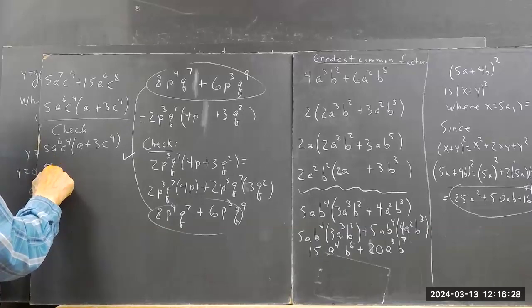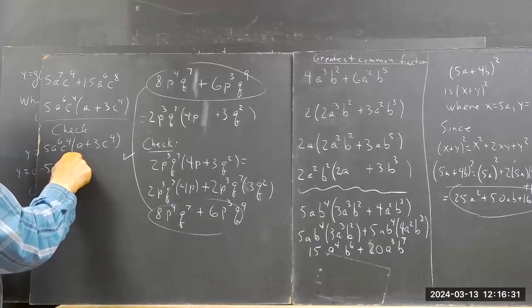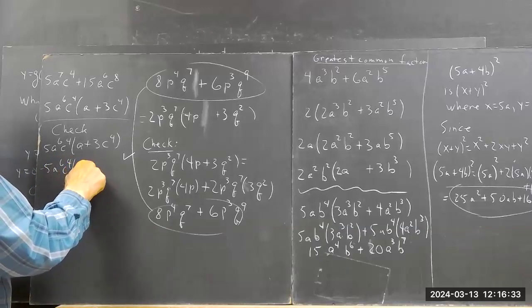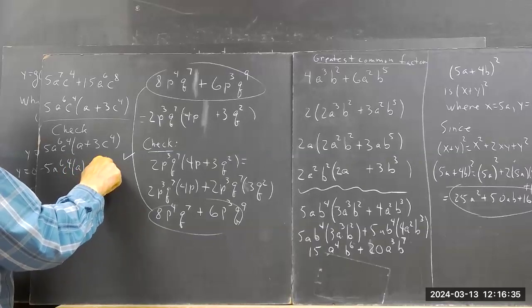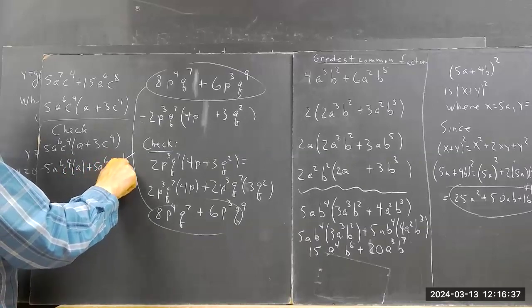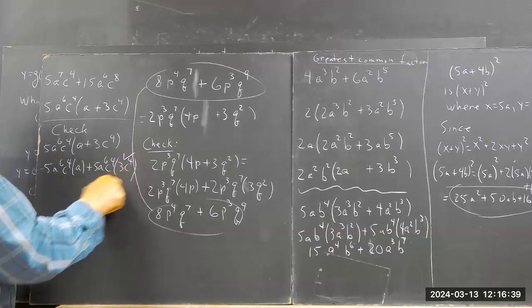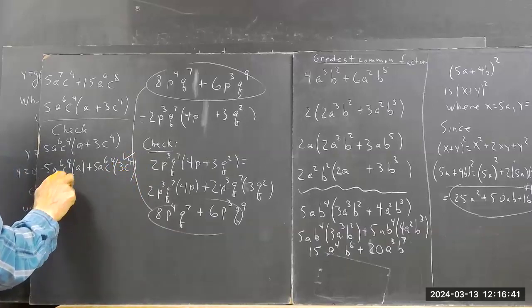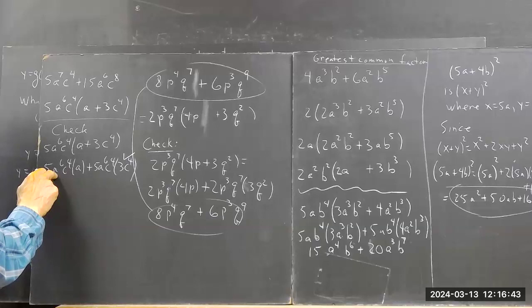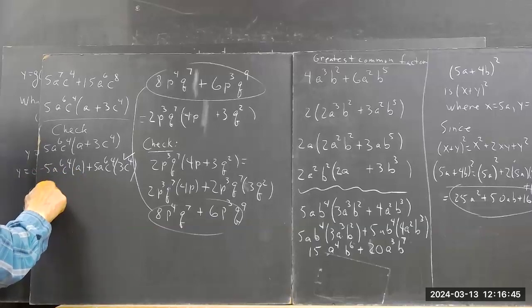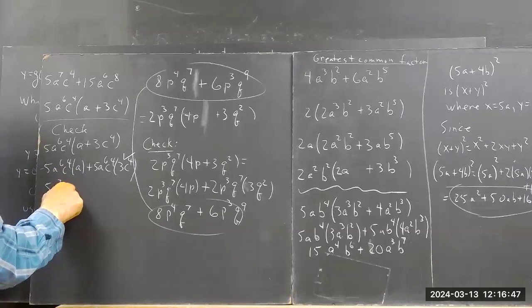And then if I multiply those out, I'm going to have 5a to the sixth c to the fourth times a, plus 5a to the sixth c to the fourth times 3c to the fourth. Multiply this out, I've got a to the sixth times a, it gives me a to the seventh.